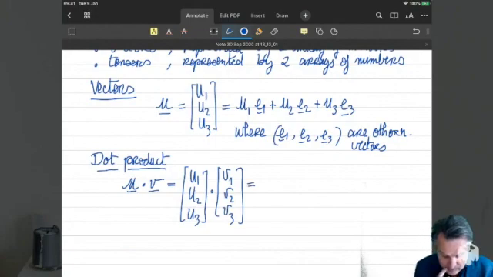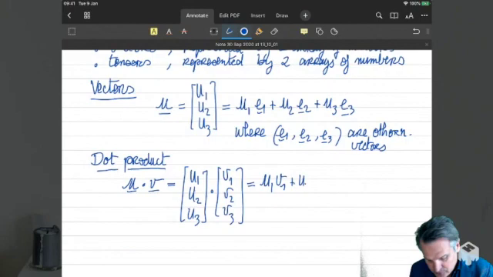And the definition is that we multiply the quantities across and add them up. So it's going to be u1 v1 plus u2 v2 plus u3 v3.